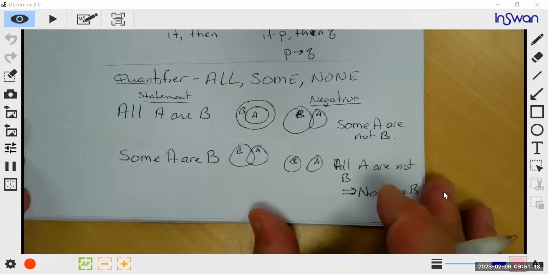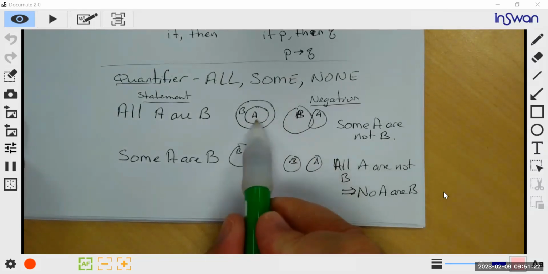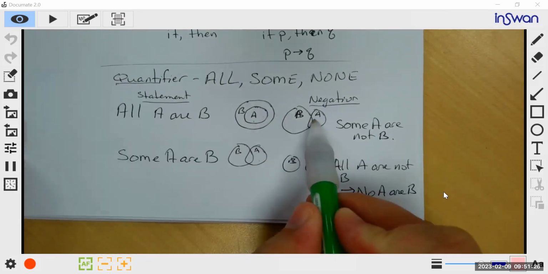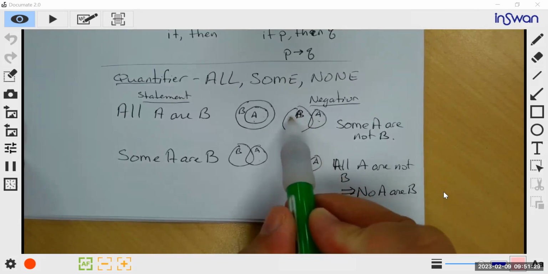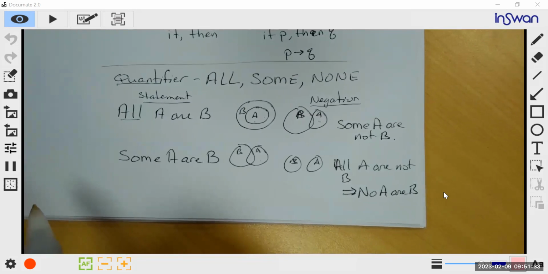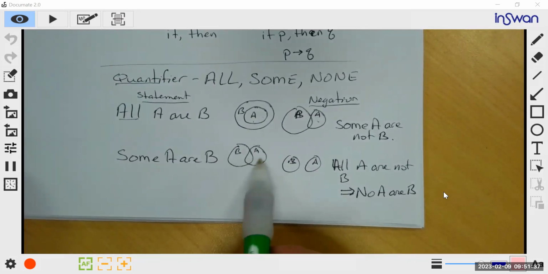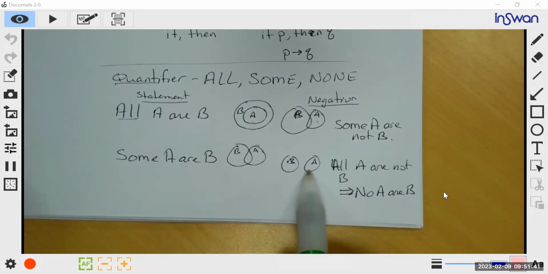That sounds confusing, but to prove that this is not a true statement, all you have to do is have one element in A that's not in B. Then that statement's wrong, because not all of them are true. In order to prove this wrong, you have to prove that there's nothing in common.